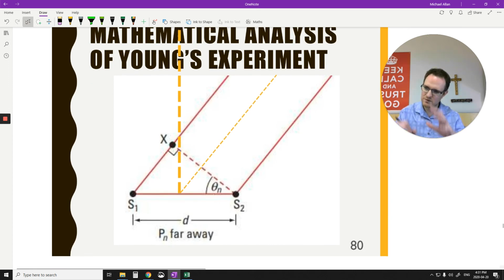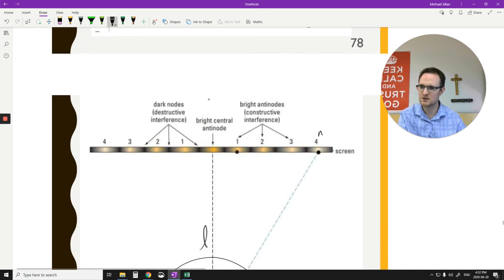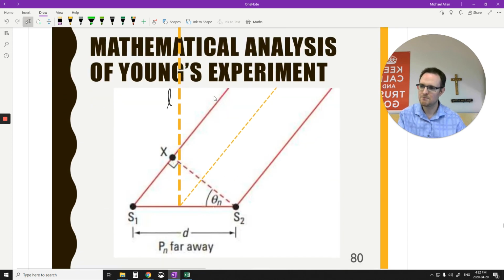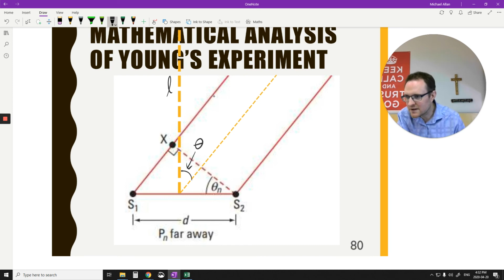So kind of zoomed in, this central line goes up to that first bright spot. So this is going to be that L that goes up there. You can see that this angle here, from the center over to this antinode that we're looking at, let's just call that n equals 4 for now, is this angle right here, theta. Now, if I do a little bit of triangle geometry here, if this is 90 degrees, then I can determine what this angle is.